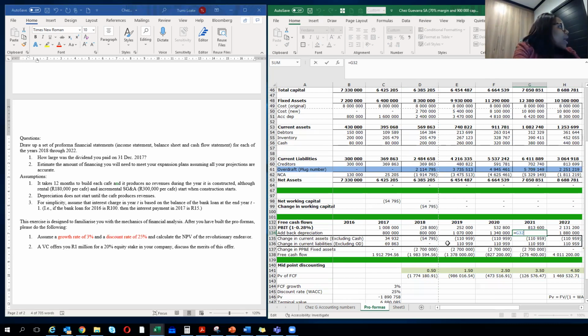Okay, let's now calculate our net working capital. This will be our inventory balance plus your accounts receivable, less your accounts payable.